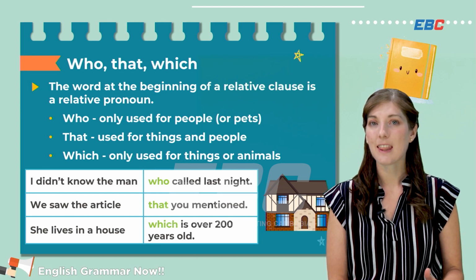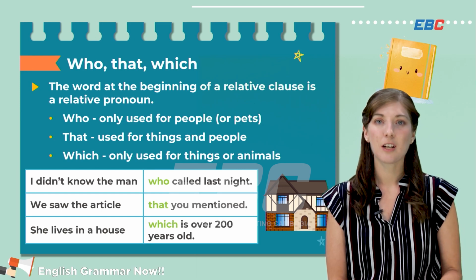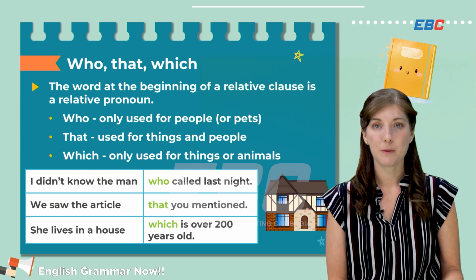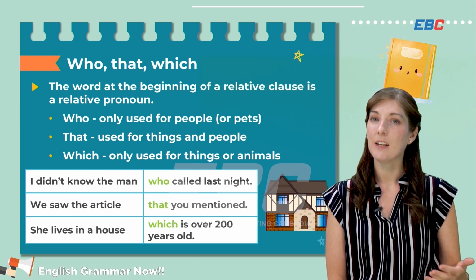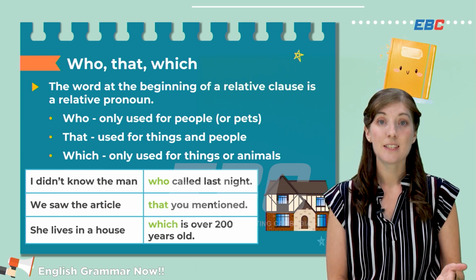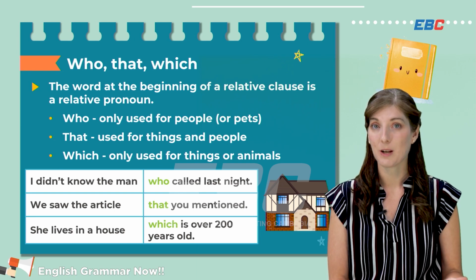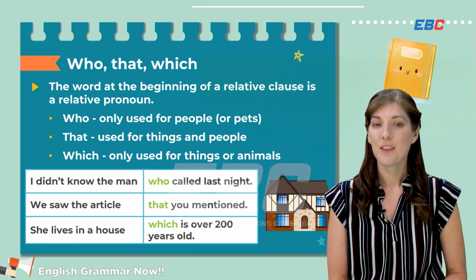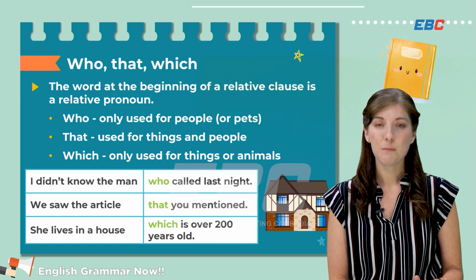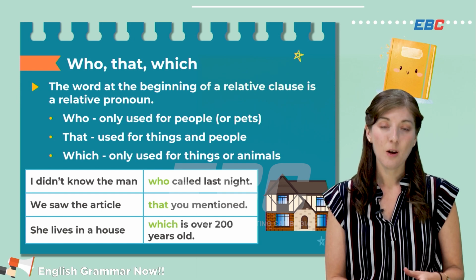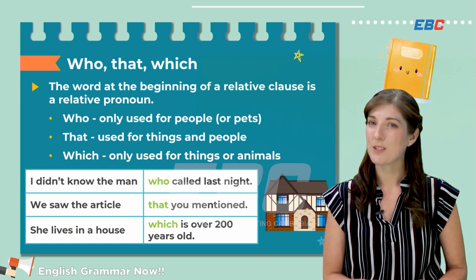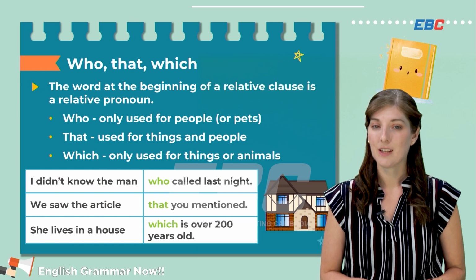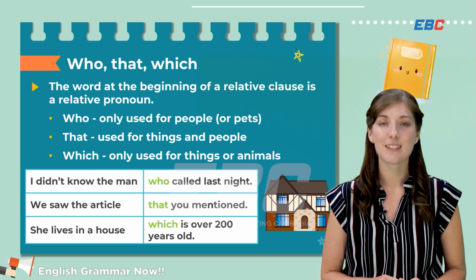We can use that to talk about things or about people. And if you're speaking informally, that is definitely the most common relative pronoun. The last one, which, can be used to talk about a thing or an animal, but we don't use it to talk about people. Here are some basic example sentences.